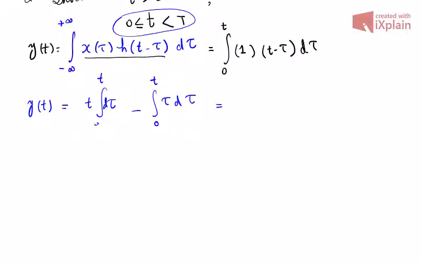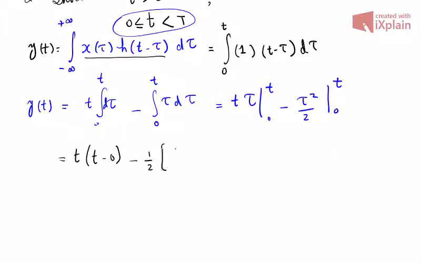This can be evaluated as t tau from 0 to t, and the other one is tau square over 2 from 0 to t. Now if you apply the limits, you have t times (t minus 0), and minus half times (t square minus 0).